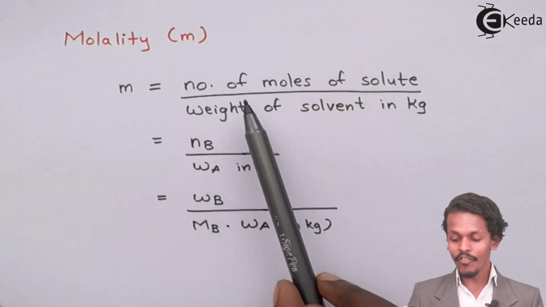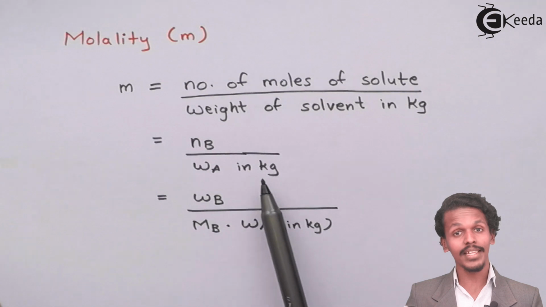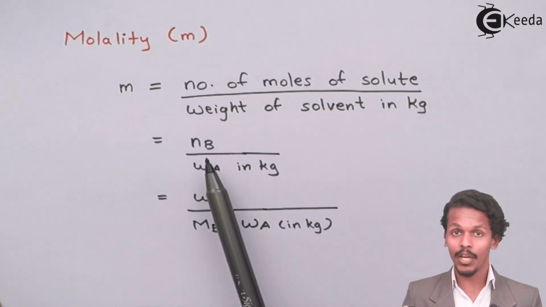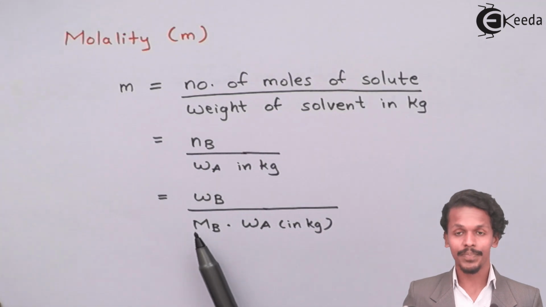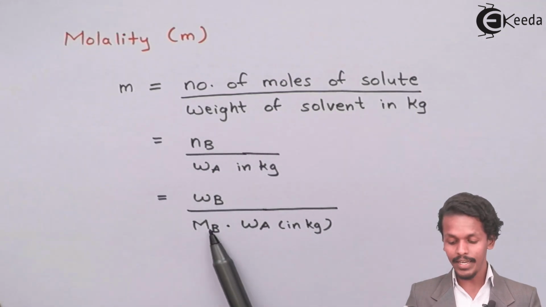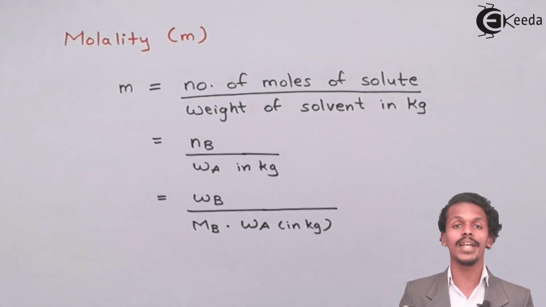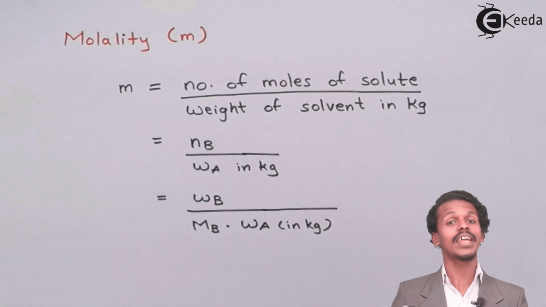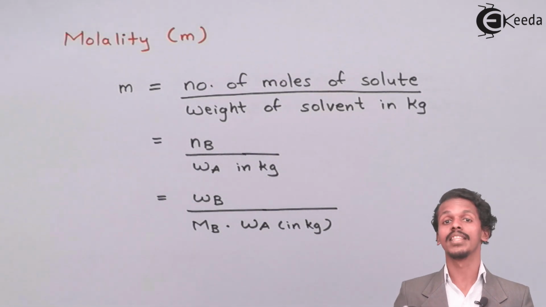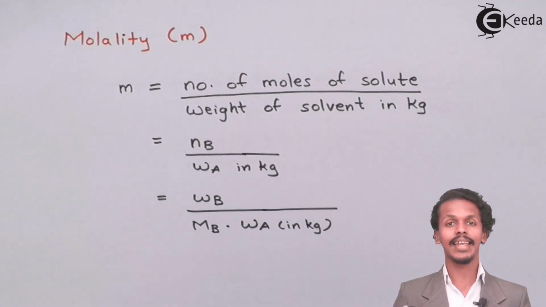So molality is Nb divided by Wa in kg, and Nb means weight divided by molecular weight of solute, so Wb divided by Mb multiplied by Wa in kg, and hence we can calculate the molality of a solution. Both units, molarity and molality, are very essential in our day-to-day life and in chemical industries also.